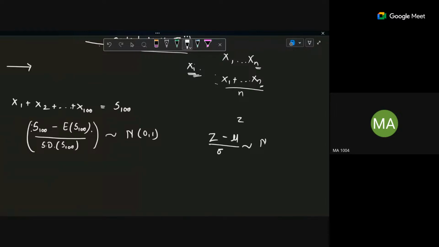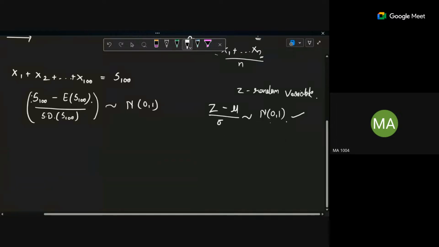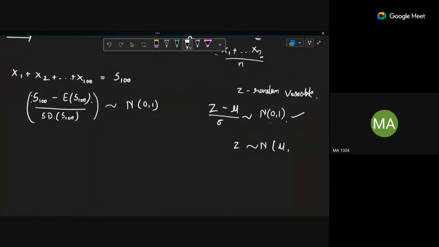If z is a random variable, then z minus mu by sigma is Normal 0, 1. So why do we do this? Because we have a CDF table, that is a normal table, for mean 0 and variance 1. Otherwise, if z follows a normal distribution with mean mu and variance sigma square, then the calculation becomes quite tricky.